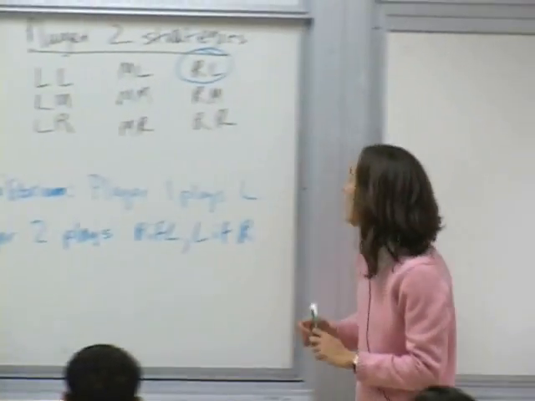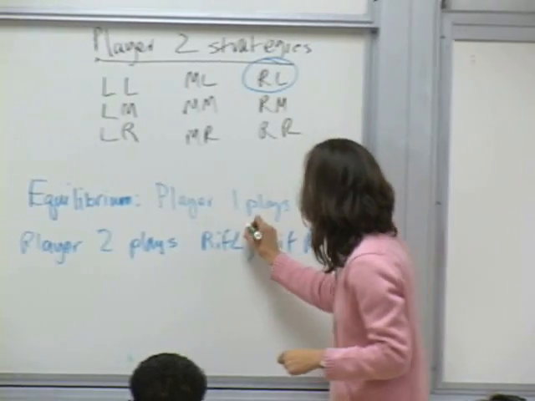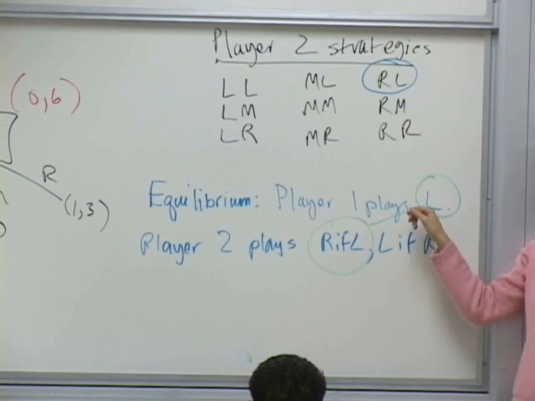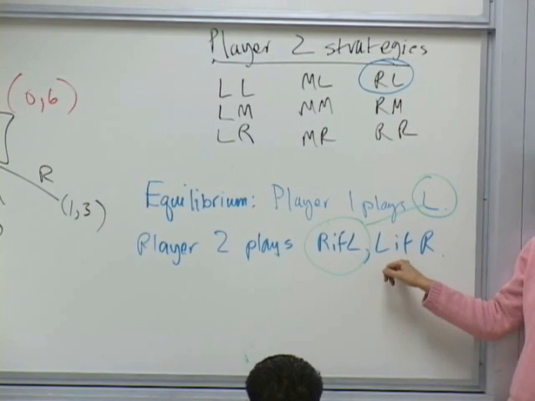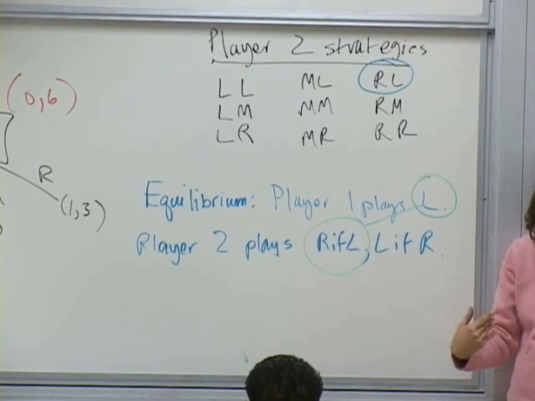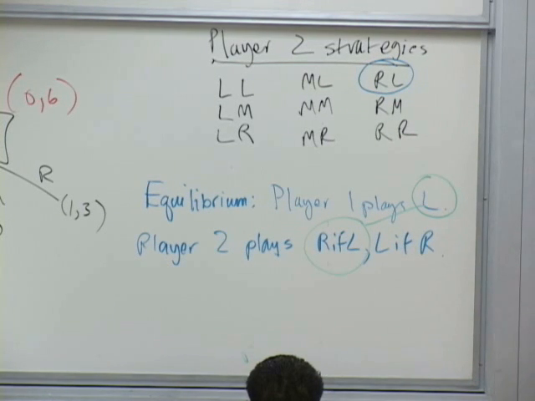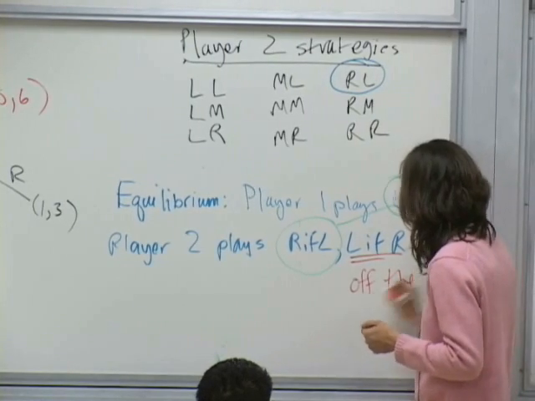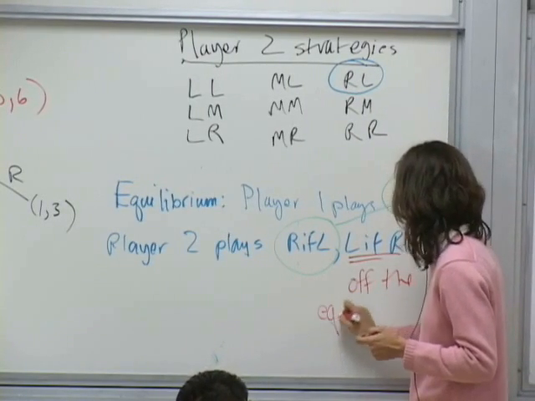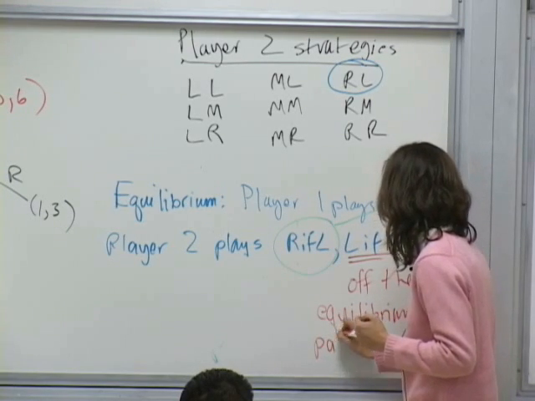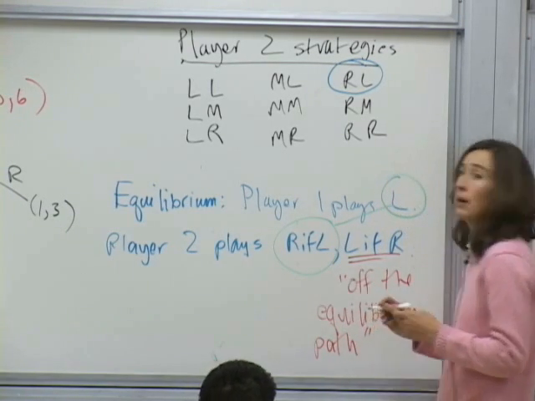If we just look for it in the strategy, it's this. Okay? The part of each player's strategy that we actually expect to observe. What's in the equilibrium but not in the equilibrium path is the off the equilibrium path component.